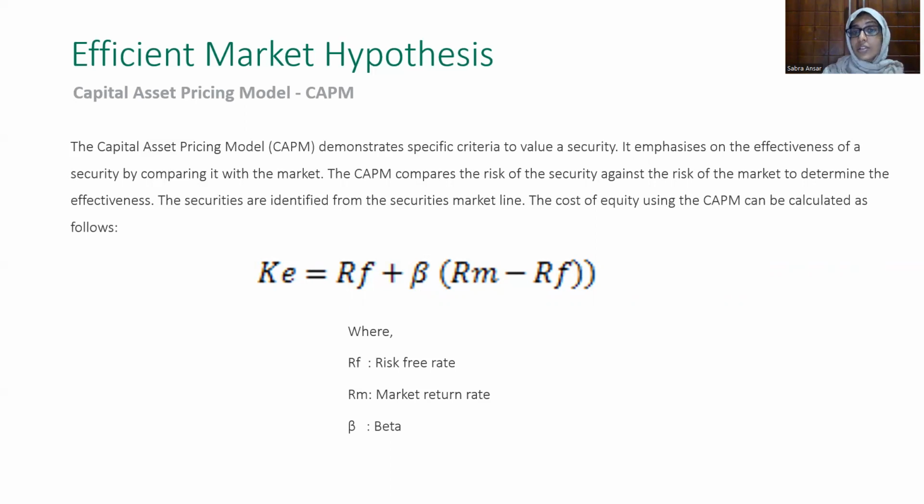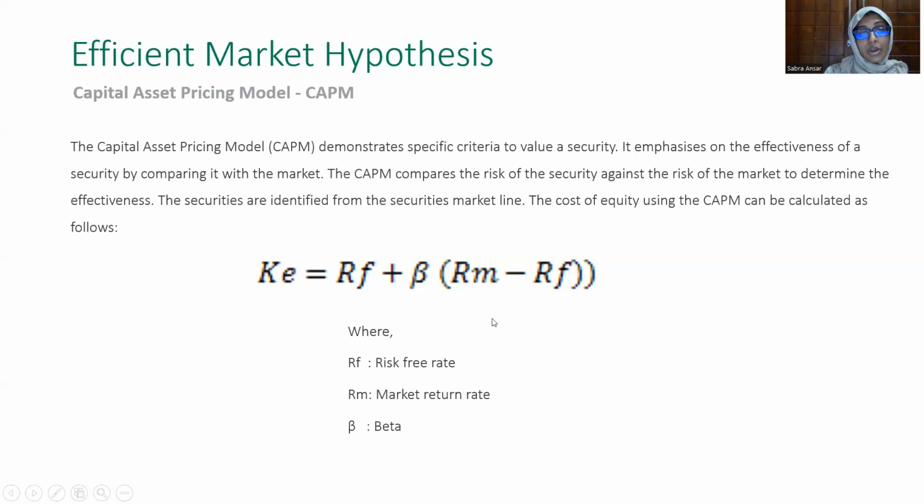It compares the risk of the security against the risk of the market to determine the effectiveness, and the securities are identified from the security market line, and the cost of equity can be calculated using the CAPM. As you can see, this is the formula used by the CAPM.